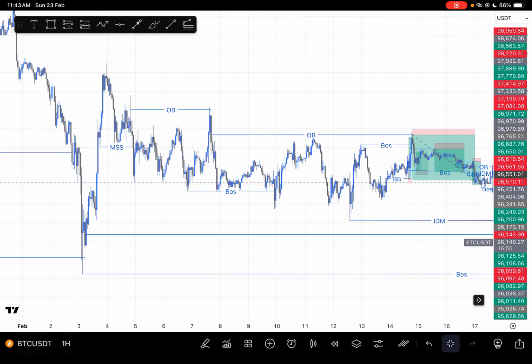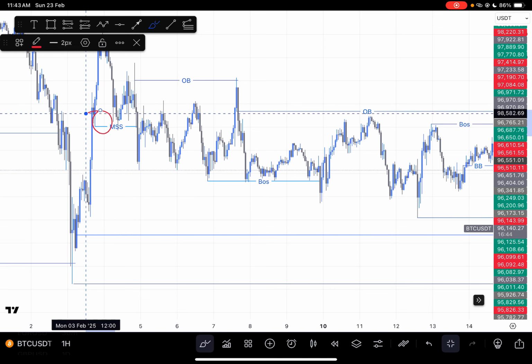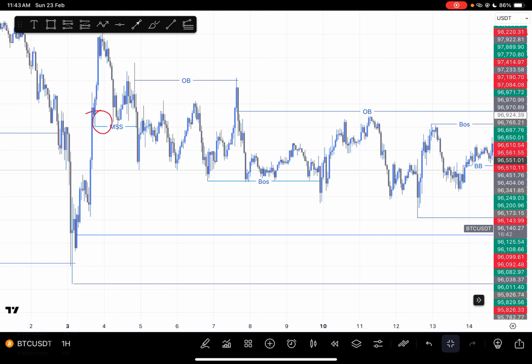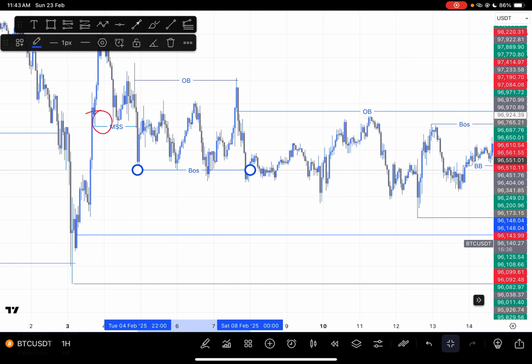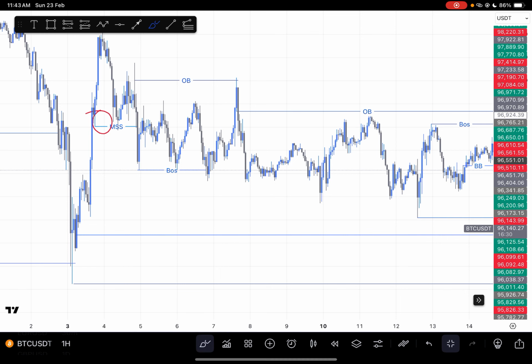So now from this point here, you see there's a market structure shift here. First OB here. First break of structure. You see price came back, retest on OB.